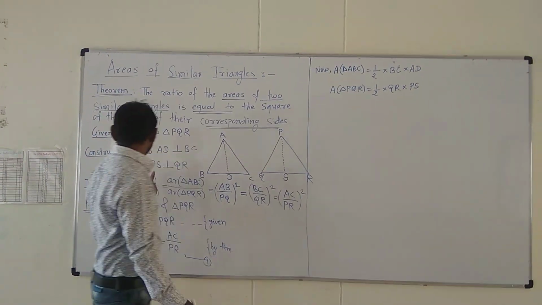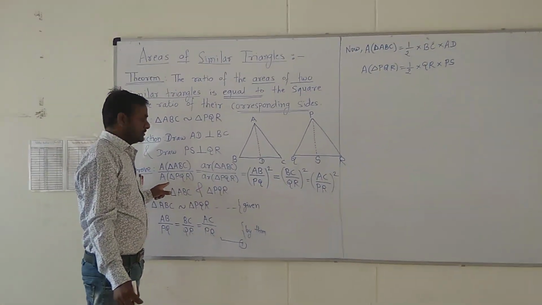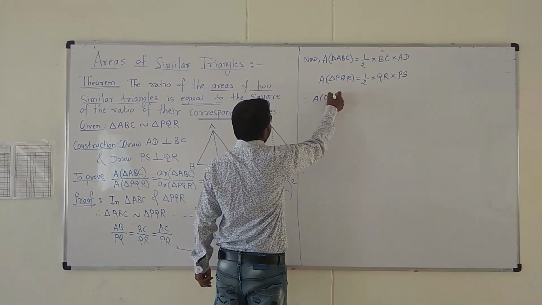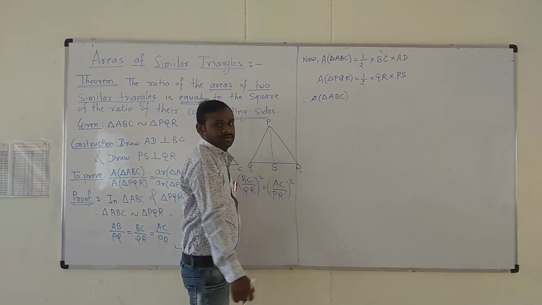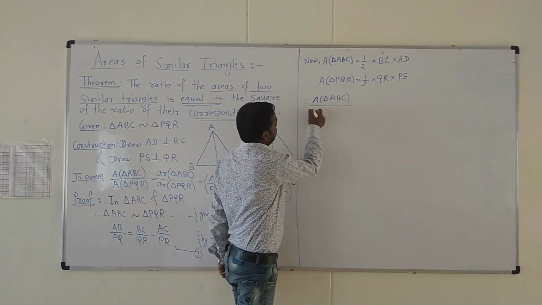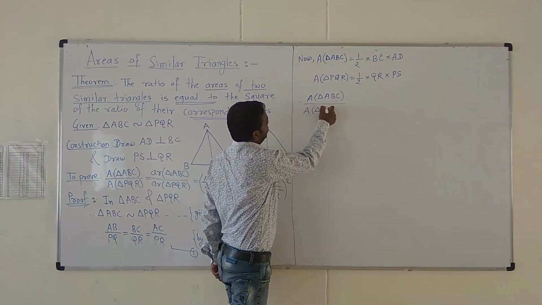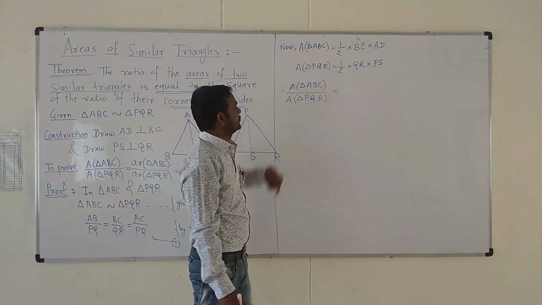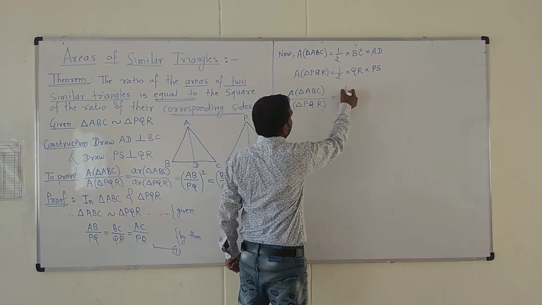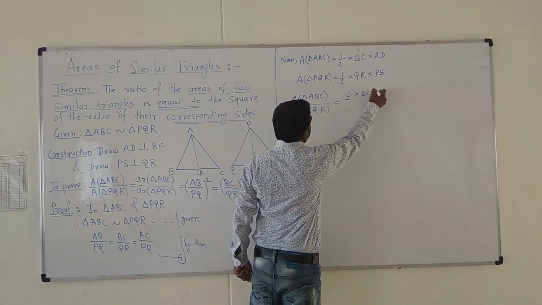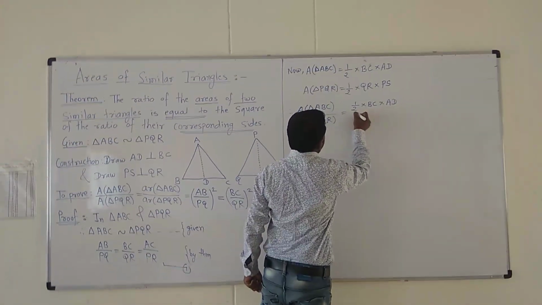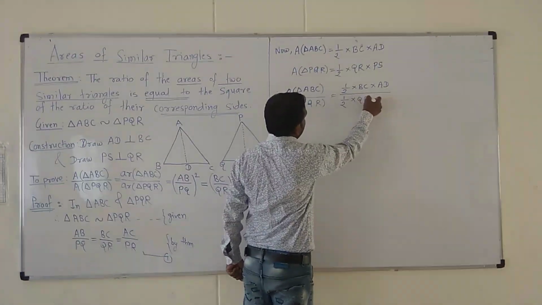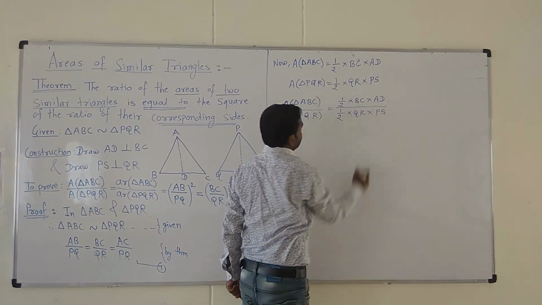Now we want the ratio of the two triangles. Therefore, area of triangle ABC upon area of triangle PQR. Putting these two values in the ratio, we get 1/2 into BC into AD upon 1/2 into QR into PS.